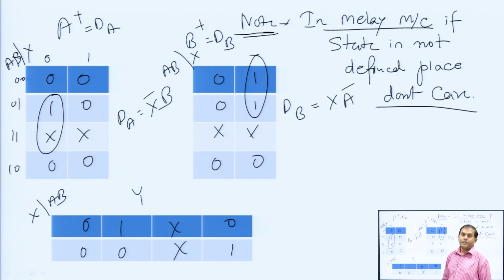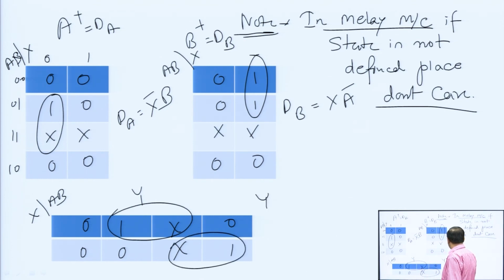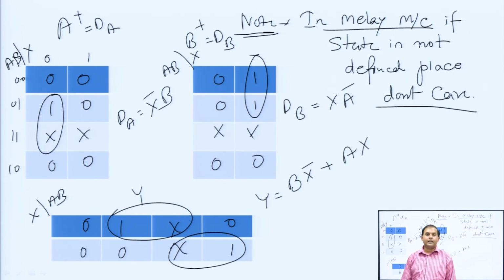Just do the grouping of the K map, it is very easy. For Y we will have two groups, one is this group and one is this group. Then the value of Y will be written as Bx bar plus Ax. Clear?